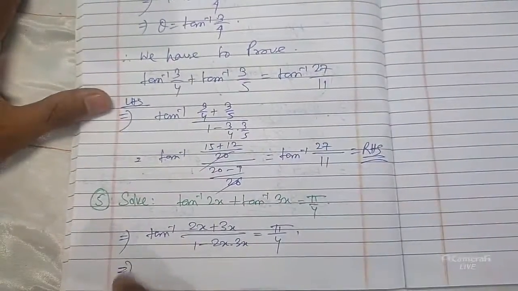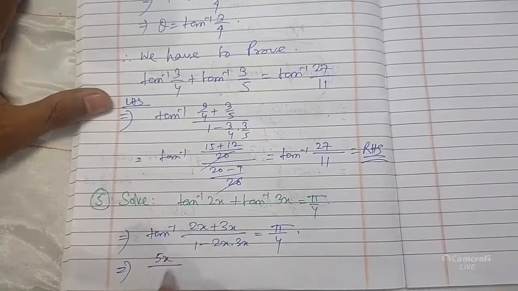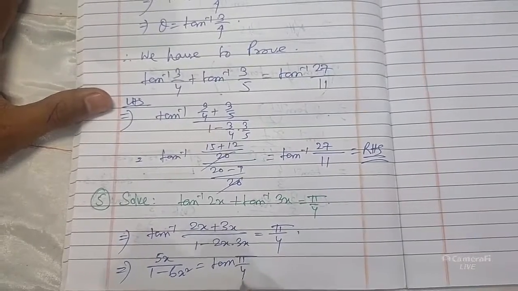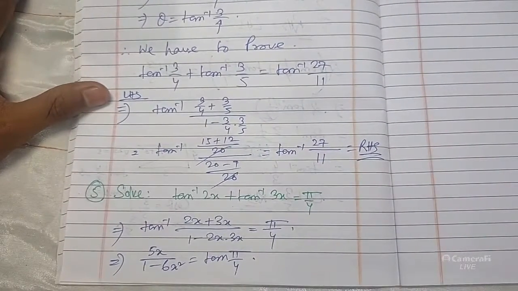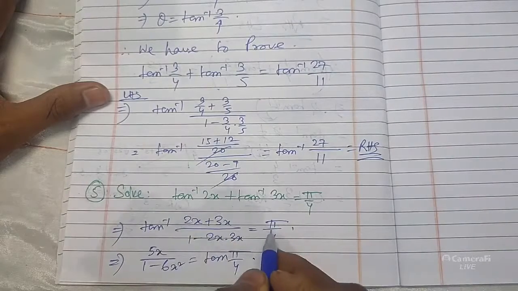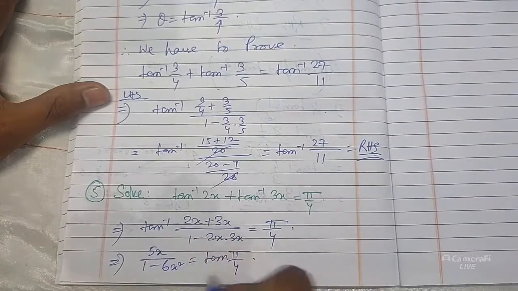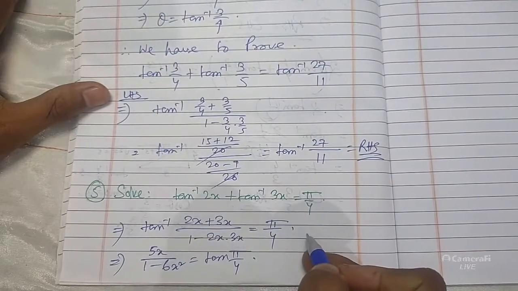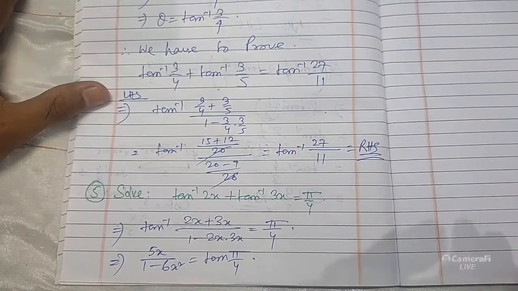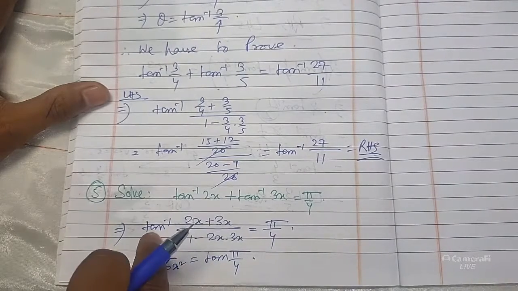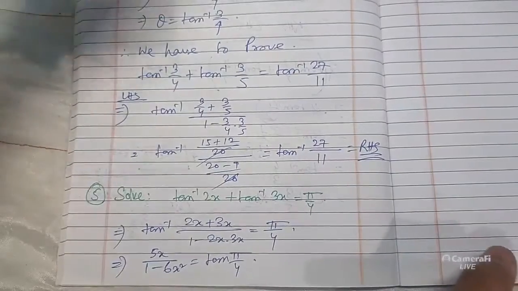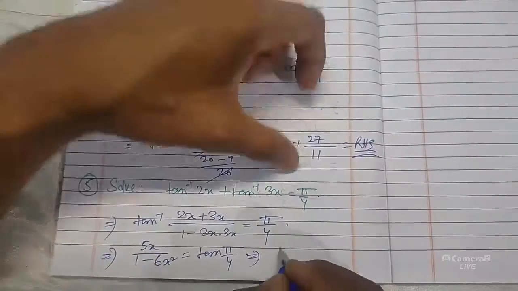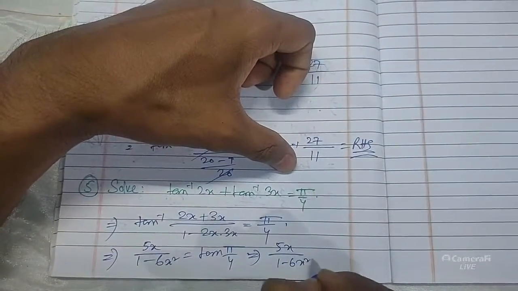Therefore, from this line you can write 5x by 1 minus 6x square equals tan pi by 4. If inverse comes from LHS to RHS, it will become tan. If it is tan inverse, then tan. If it is sine inverse, then if this comes to this side, it will become sine, like this. Reciprocal of an inverse trigonometric function is the trigonometric function. Now tan of pi by 4 means 1. So this implies 5x by 1 minus 6x square equals 1.